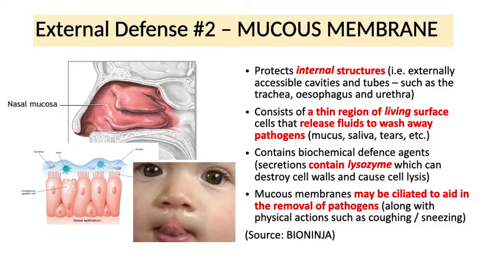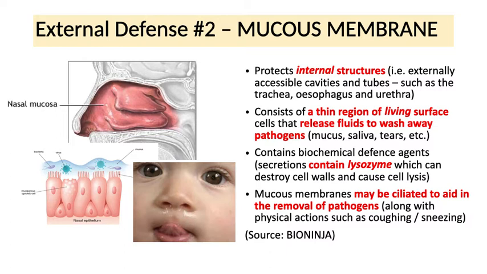I know there is a cute baby picture there. This explains that when you have flu and a runny nose, the reason is that our body responds to the pathogen invasion by producing more mucus, so that the chance for the pathogens to be trapped in the mucus is higher.